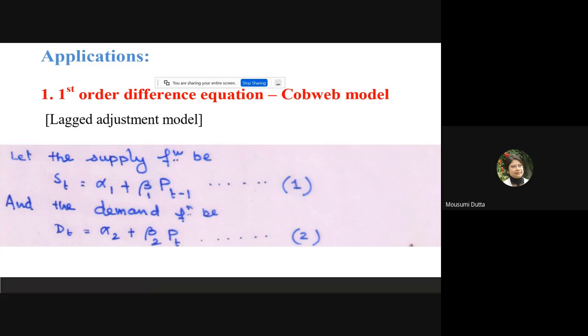Okay, so first of all, it's a typical case. When we consider a cobweb framework, it's a typical case. It is applicable for pricing.